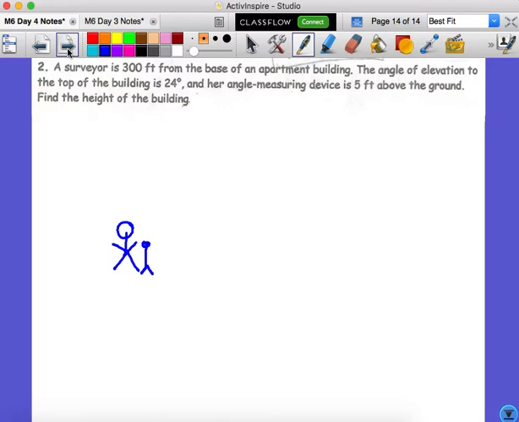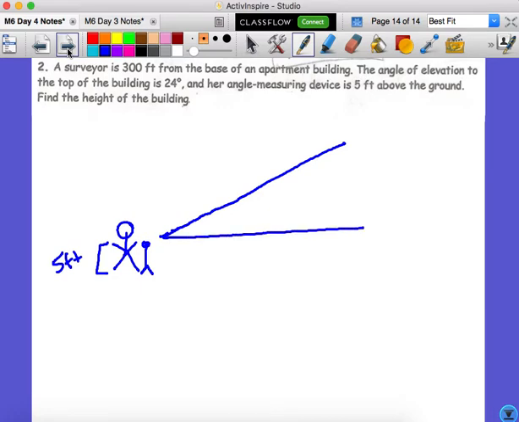So we know that that tiny little computer, or the measuring device, is 5 feet off the ground. We know that we're looking up to the top of this building with an angle of elevation that's 24 degrees. And we know that we're looking for the height of the building.